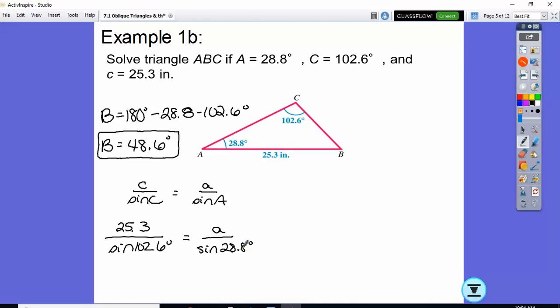We have to multiply over our sine. And we get that A equals 12 point, let's see, we had 3 significant digits for those, so we'll go 12.5 inches.